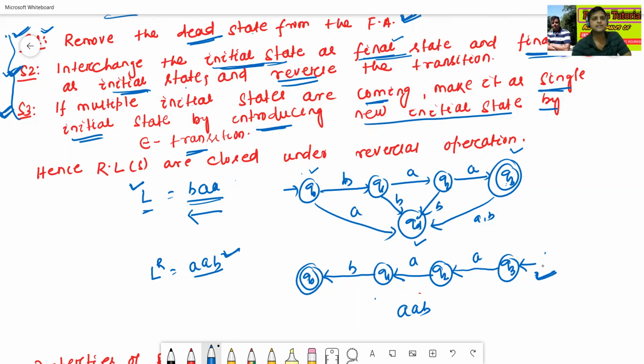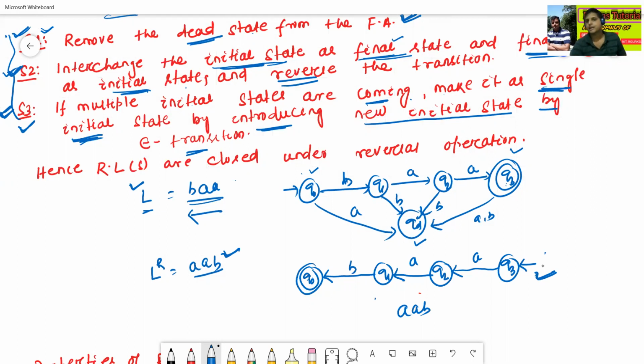See here, what is the third step? Third step: if multiple initial states are coming, then make it a single initial state.